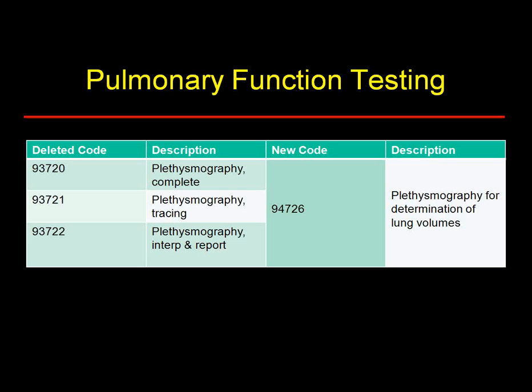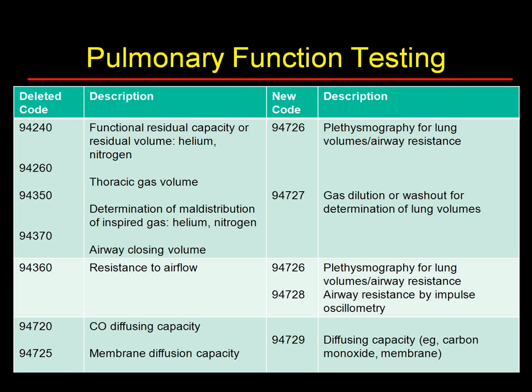And if one were to divide up the technical reporting from the professional fee, it would follow the standard addition of the modifiers TC for the technical component, 94726-TC, and the professional fee for doing the interpretation would be 94726-26 in accord and in parallel with all of the other standard typical pulmonary function tests. Next slide.